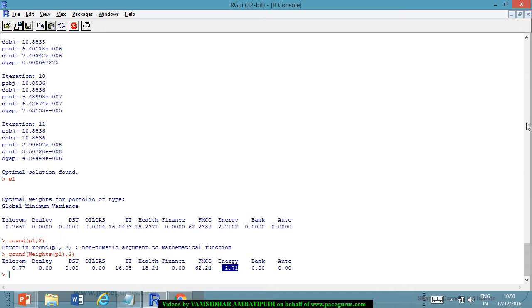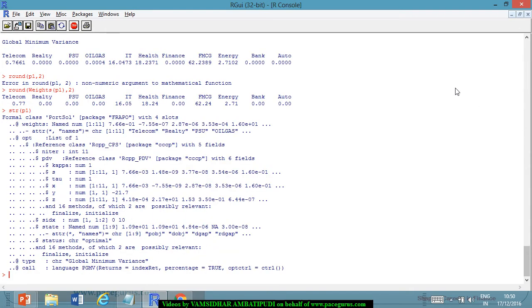The variance has to be the minimum most thing altogether. And if I look at the structure of P1, it will give me what all things that it is doing as a part of the output. I could see here these are the weights that it has given to all of them. That's something which we have already discussed.